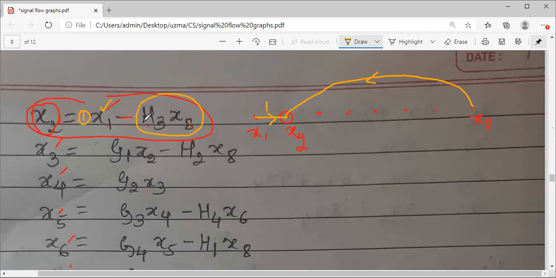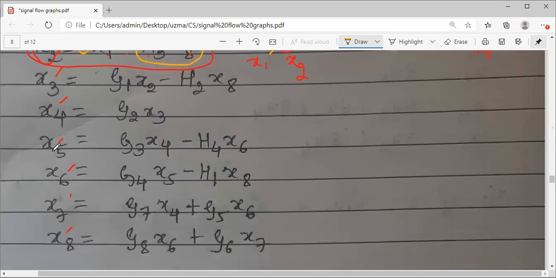And what is the gain? Actually, I should have added, but the gain is h3 and there is a negative sign. So let me take here minus h3. That is it. Instead of a positive gain, you include this negative sign with the gain. You just associate that negative sign with the gain term. That's it. So this is for the first equation.